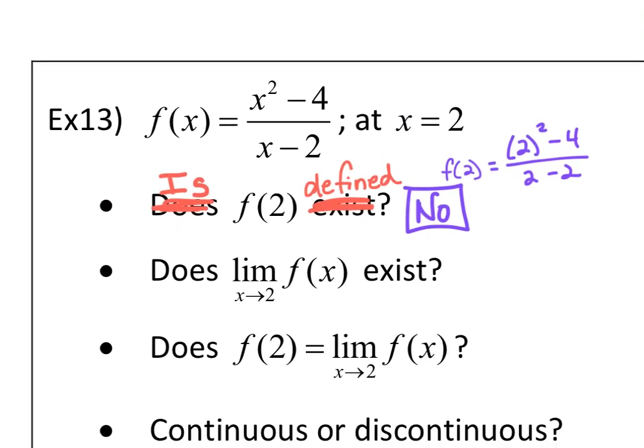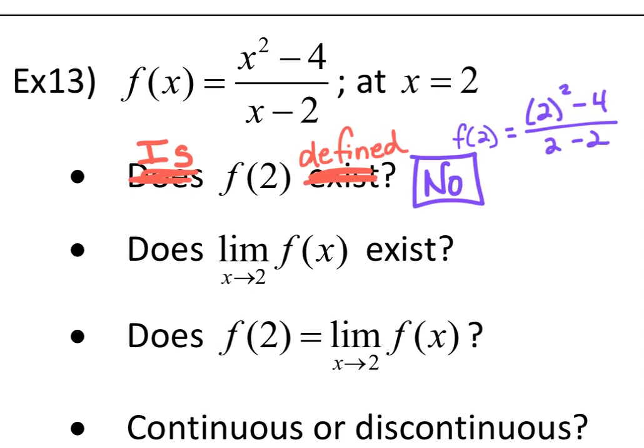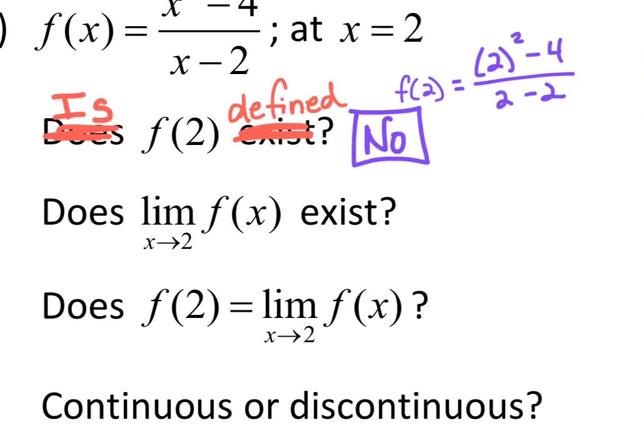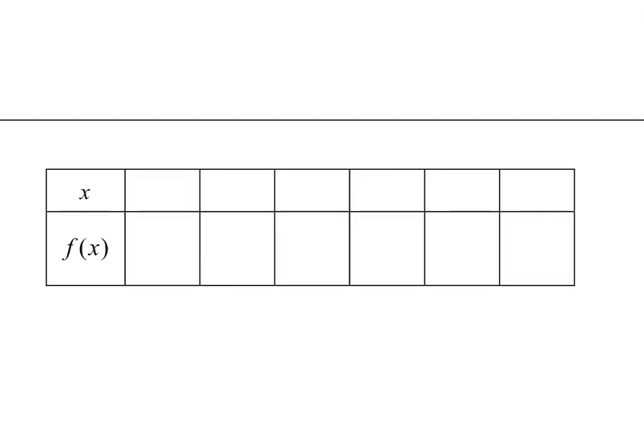And that's either going to be a hole or an asymptote. We don't know yet, unless you've graphed it and looked at it, and then you have a feel for whether it's going to be a hole or an asymptote. But let's keep going here with the question about the limit. So we're doing the limit as x approaches 2, and I gave you a table to put all of that in.